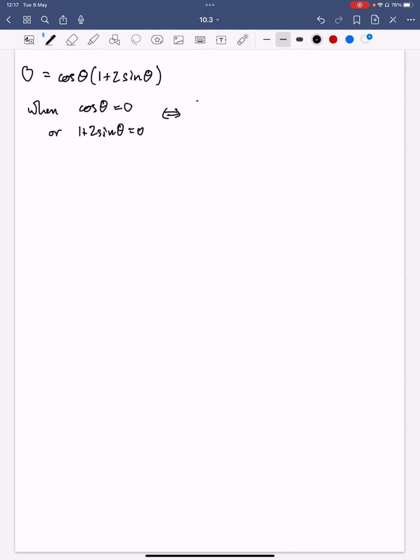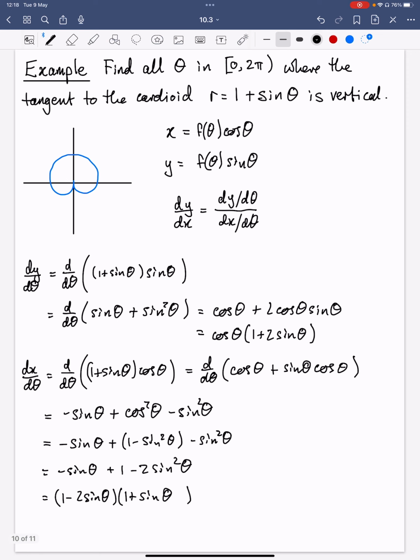And that is, in other words, cosine theta is 0, or sine theta is negative a half. So sine of pi by 6 is a half. So that's telling me the solution here, and remember I want to find it just in one cycle of the cardioid.